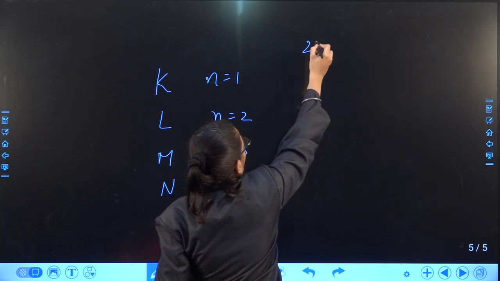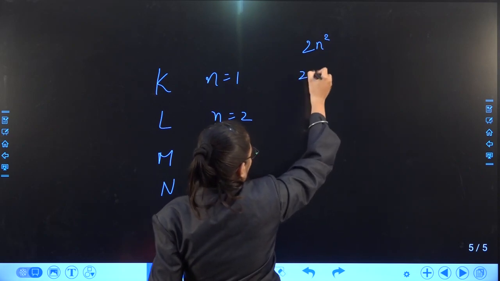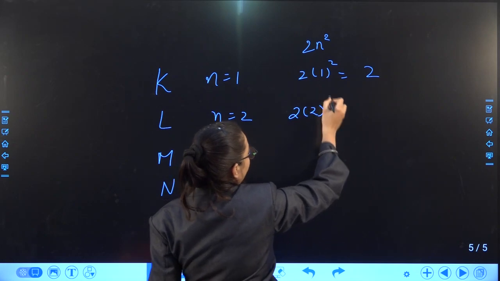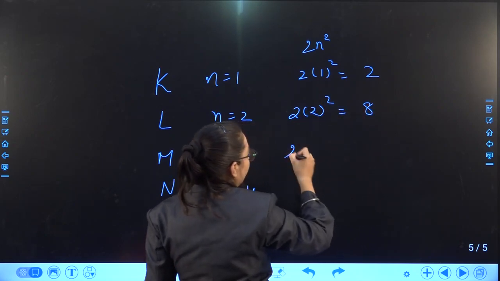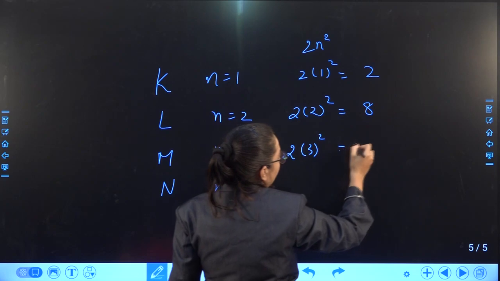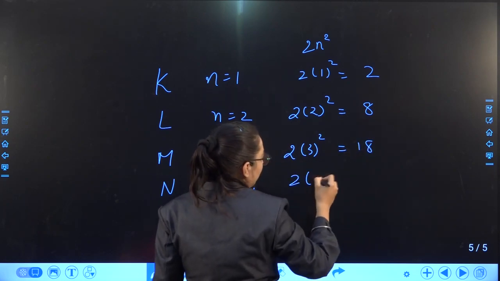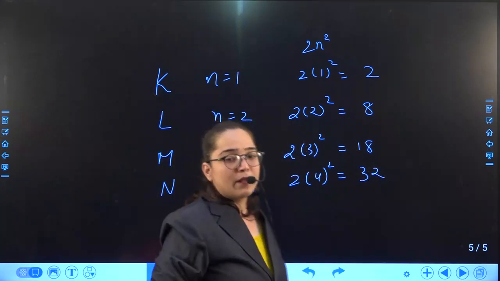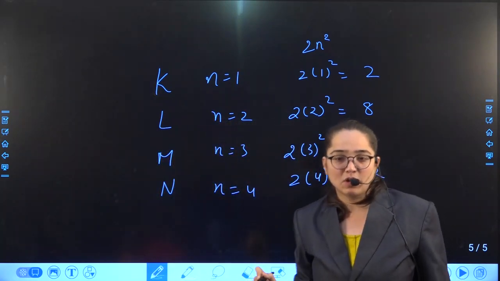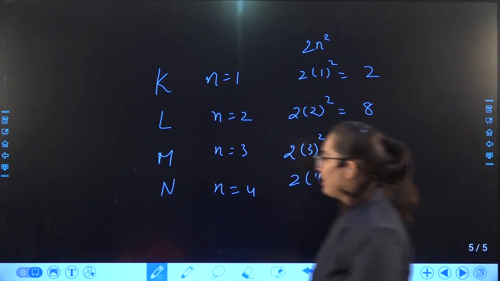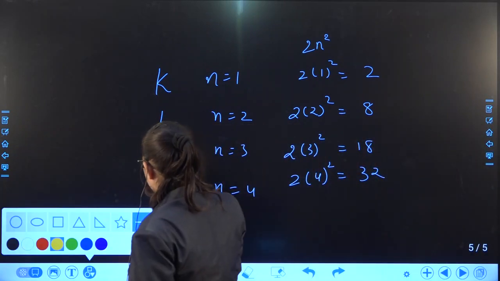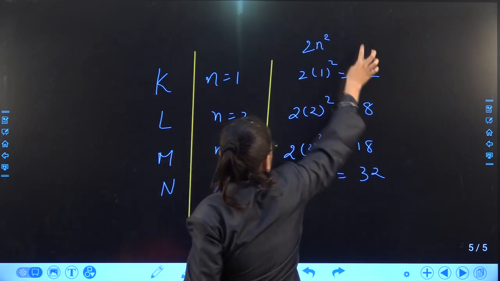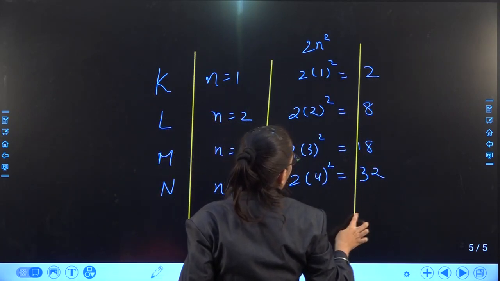So here it will be 2 into 1 squared, which is 2. Here it will be 2 into 2 squared, which is 8. Here it will be 2 into 3 squared, which is 18. Here it will be 2 into 4 squared, which is 32. In this way, the number of electrons differs, and the number of electrons that can be accommodated in any shell is given with the help of this formula.